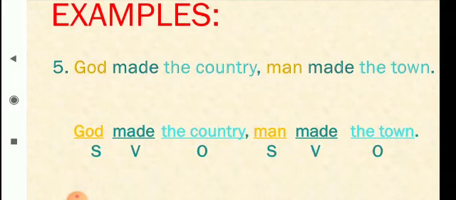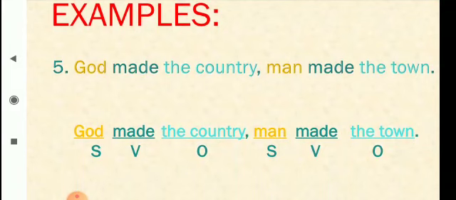God made the country. God created only the countryside. But it is the human beings who created or made towns. Therefore, we find that opposite meaning or contrary ideas are expressed in the same sentence. Now we see the clause analysis. God is the subject, made verb, the country object, subject, verb, object.